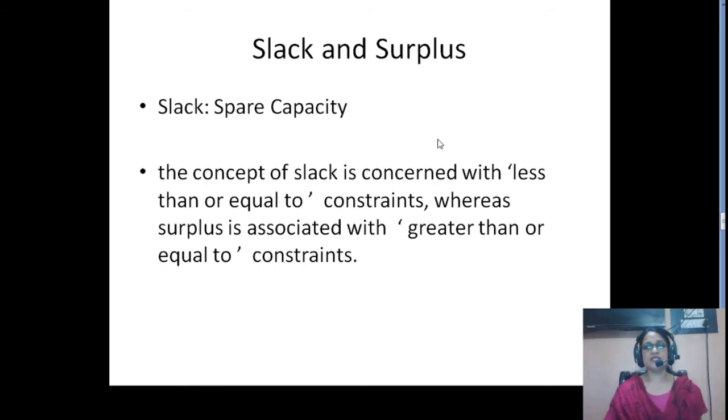Now, what is slack and what is surplus? See, slack is the spare capacity and surplus is the surplus production or surplus resource, right? The concept of slack is concerned with less than or equal to constraints, whereas surplus is associated with greater than or equal to constraints. I'll be explaining you in detail.